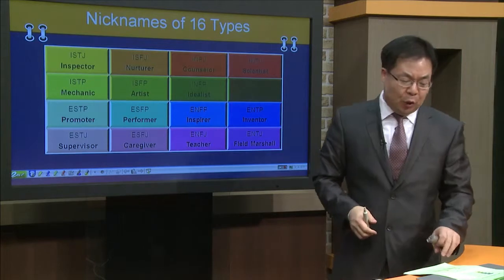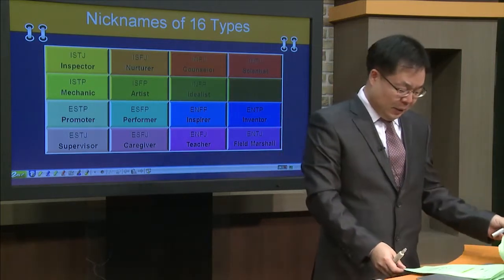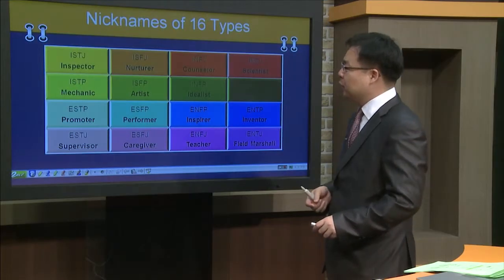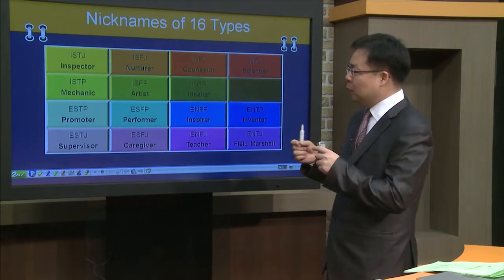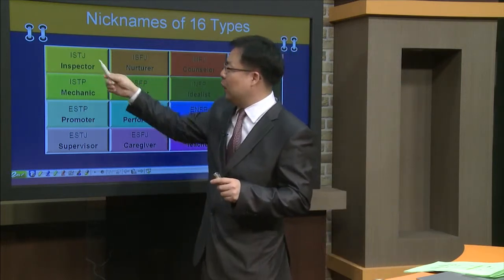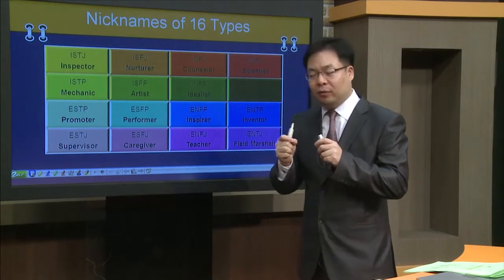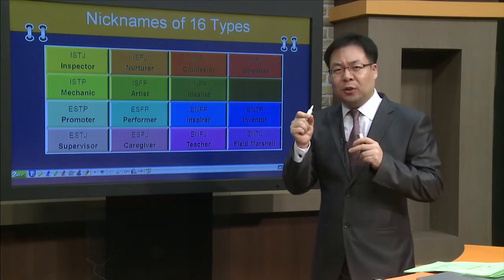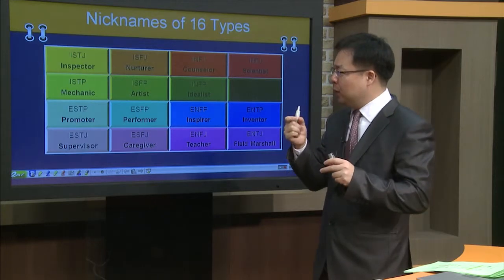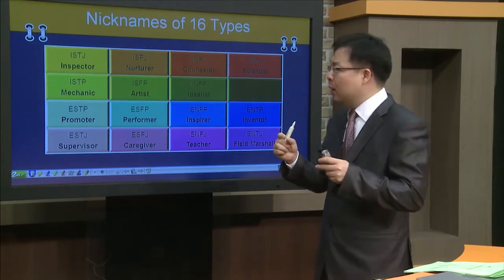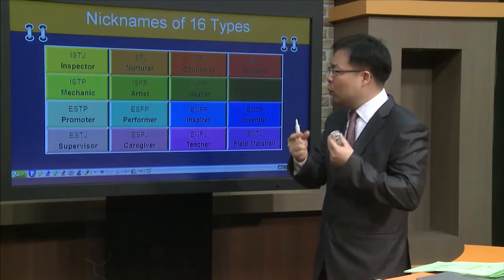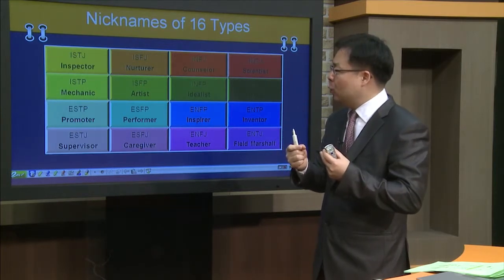And this slide shows some nicknames of the 16 different personalities. If you look at here, for example, ISTJ, think about each indication. I means introvert, very calm, and also very good at looking at the detail and focusing on the here and now, work-oriented, focusing on the rules and principles, and very organized and well-prepared.